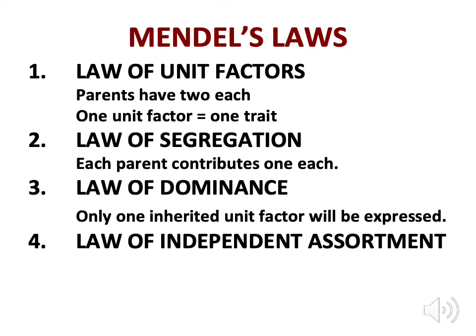So for example, if he had two parental pea plants, one red flowered and one white flowered, and if the red flowered pea plant passed on a red flowered unit factor to its offspring, and the white flowered pea plant passed on a white flowered unit factor, the offspring would be red, meaning that the red offspring was actually expressing the unit factor inherited from the one parent. So only one inherited unit factor will be expressed. That's the law of dominance.